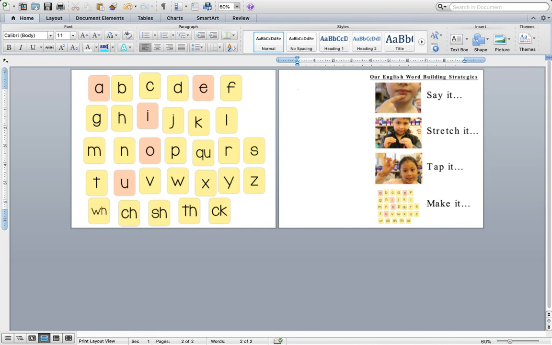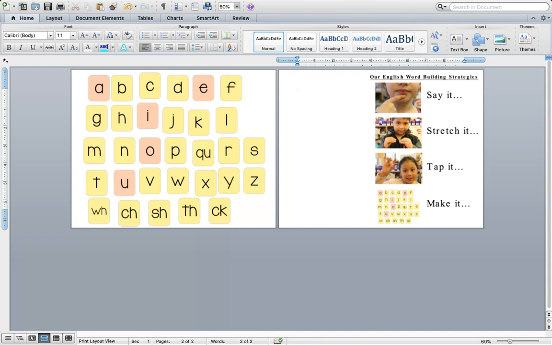Can you say broth? Everybody say broth. Let's say it one more time. Broth. Now let's stretch it. Broth. Let's stretch it again. Broth. Now let's stretch it for the vowel. Bra, octopus, octopus.